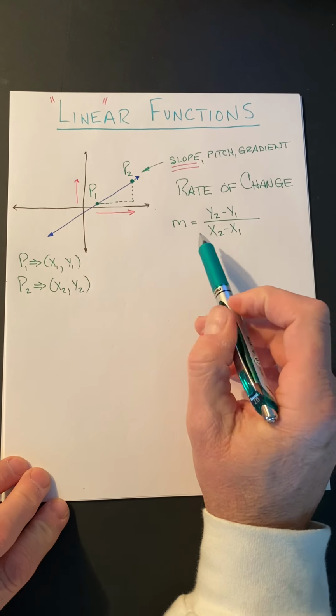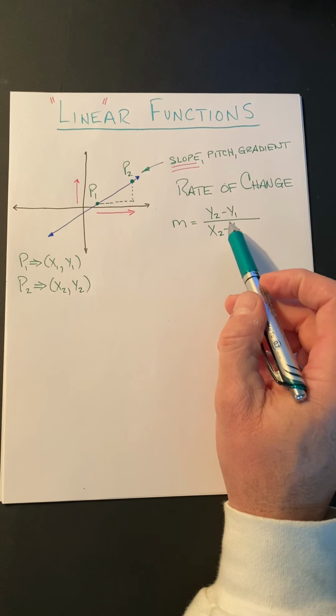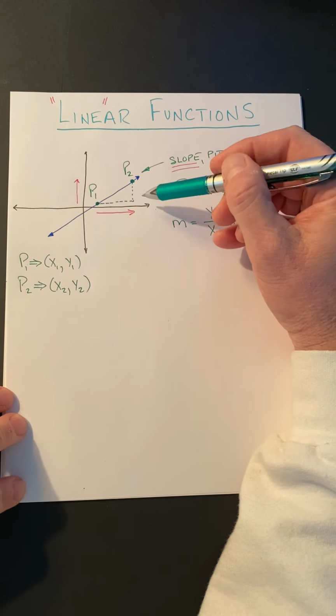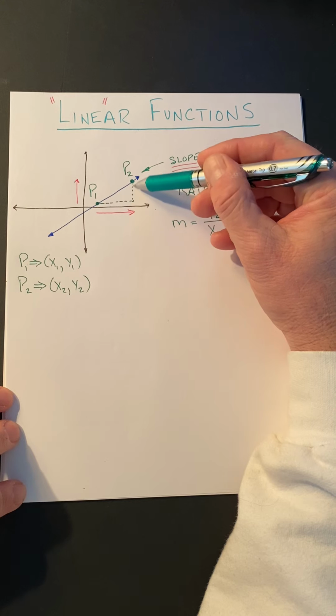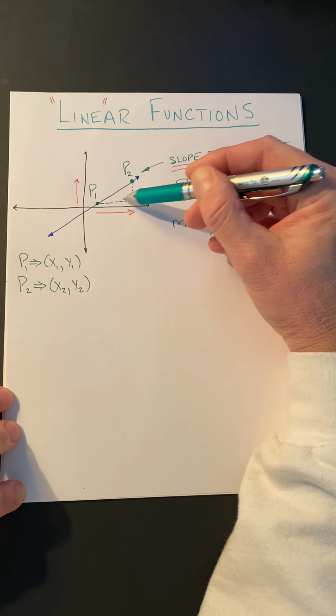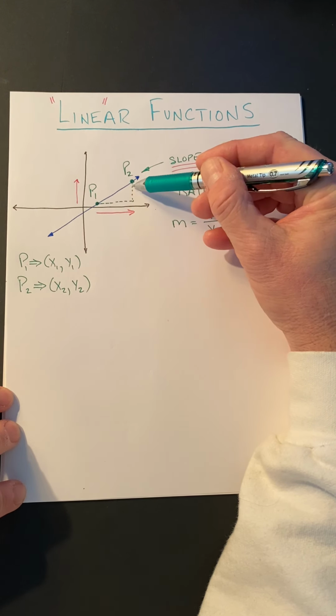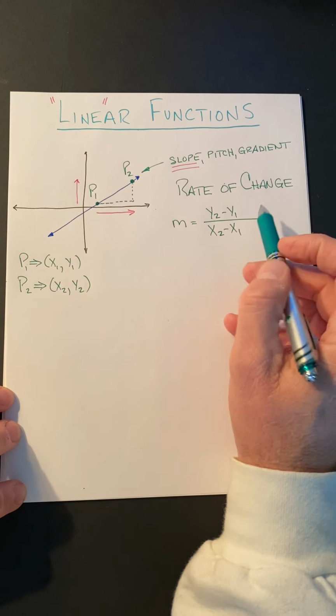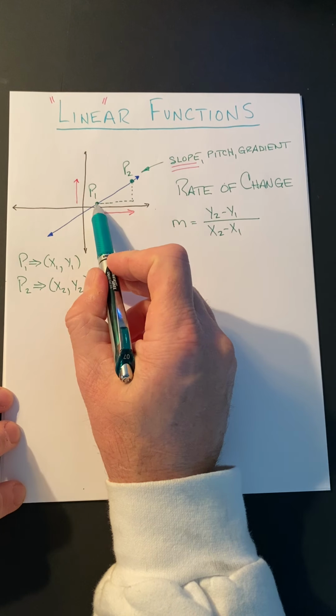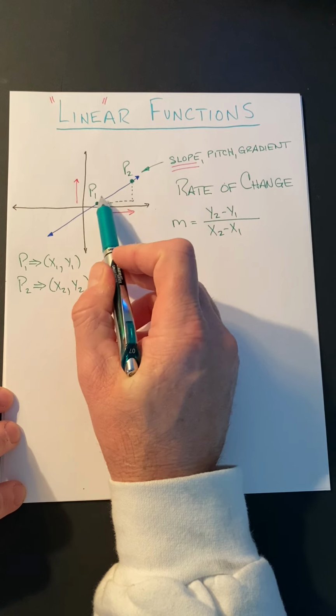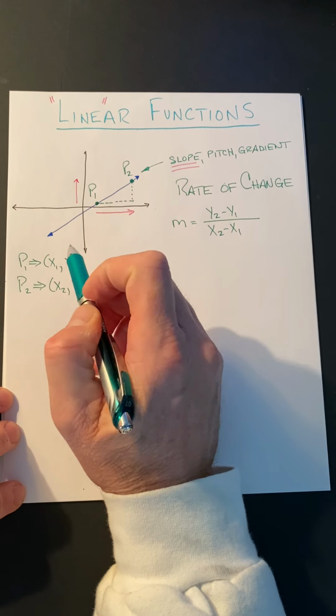So when I'm talking about y2 minus y1, I'm referring to this change that is occurring from here to here in the y direction. x2 minus x1, the change that is occurring from here to here in the x direction.